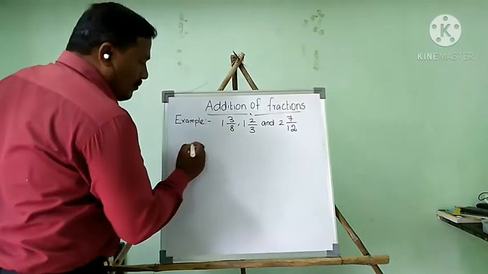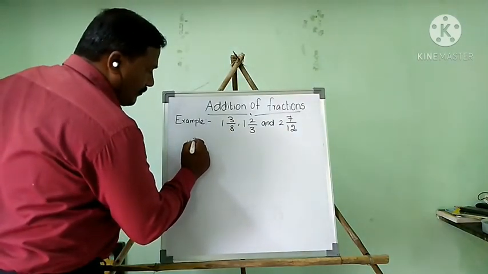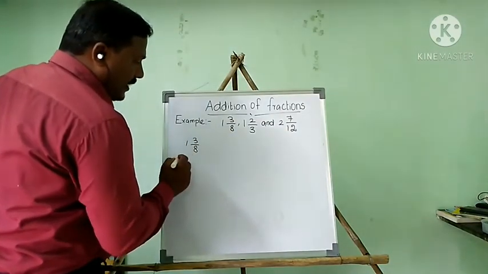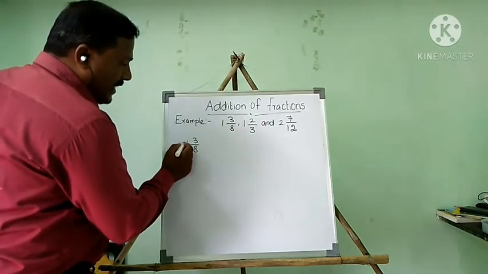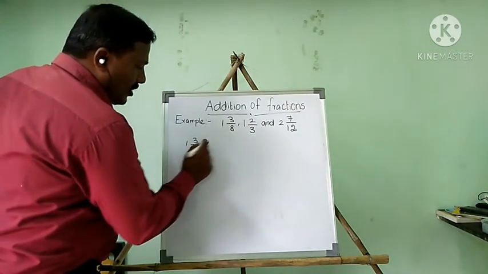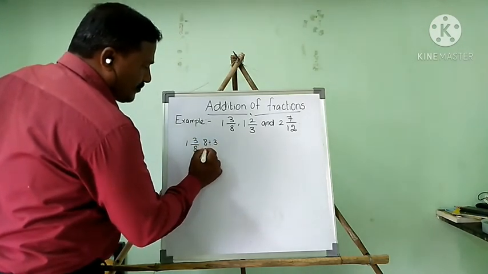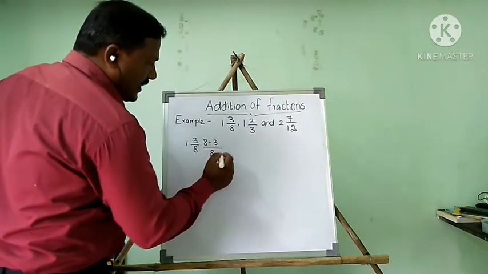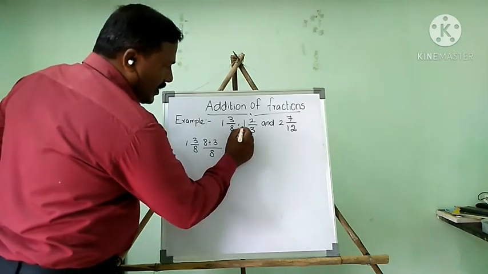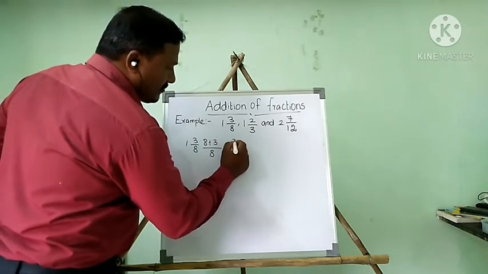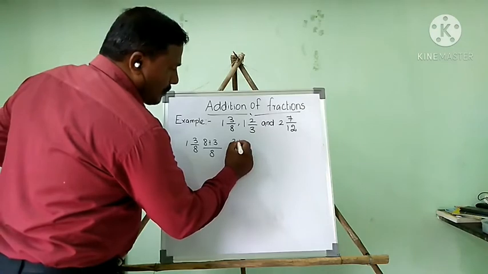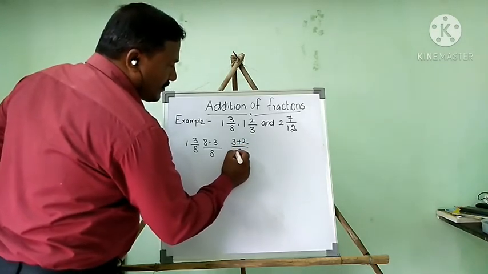So if you cross multiply this 3 by 8, if you multiply 8, so 1 8 is 8, plus 3 upon 8. Then 1 3 is 3, plus 2 upon 3.